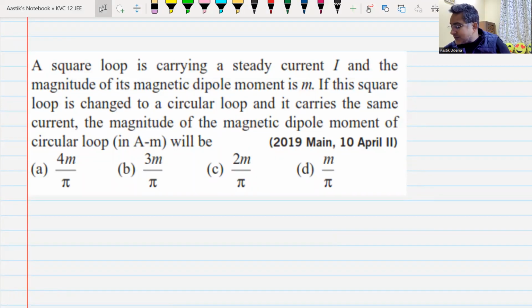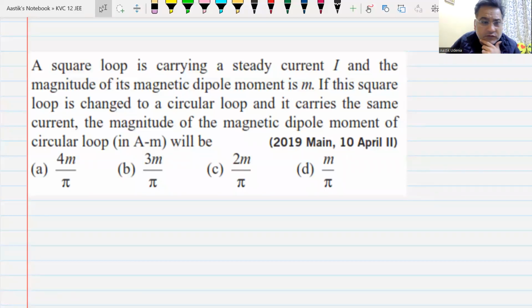A square loop is carrying a current I, and the magnitude of the dipole moment is m. If the square loop is changed into a circular loop and it carries the same current, what is the magnetic dipole moment of the circular loop? I'll give you 2 minutes to give me the answer.